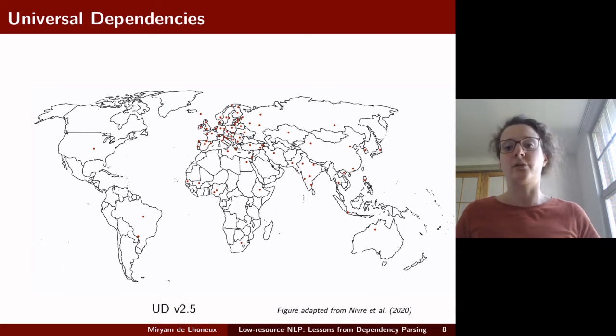And the advantage of Universal Dependencies is that this is actually data occurring directly in these languages, and that has been typically manually annotated by typically native speakers or linguists. So the situation of Universal Dependencies is clearly better than for any other multilingual dataset in NLP.